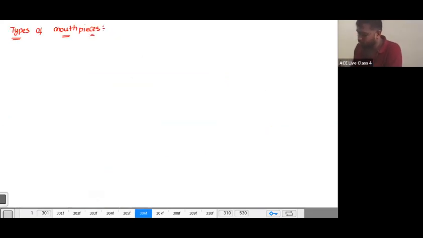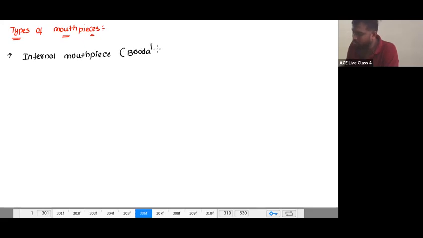And there is one more, the internal mouthpiece. This is also known as Borda's mouthpiece.